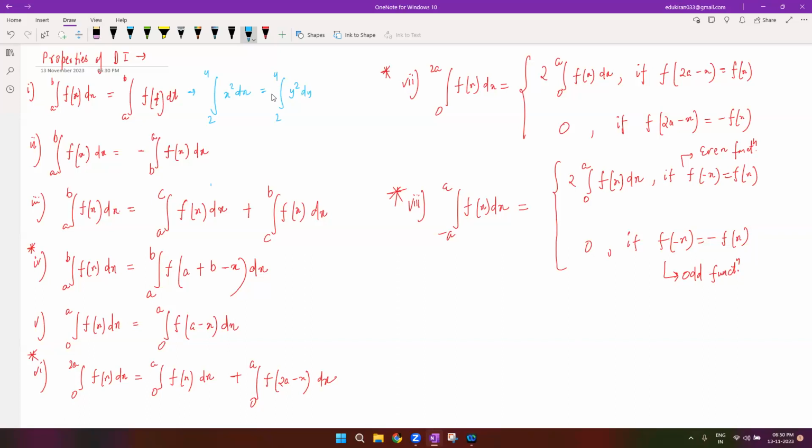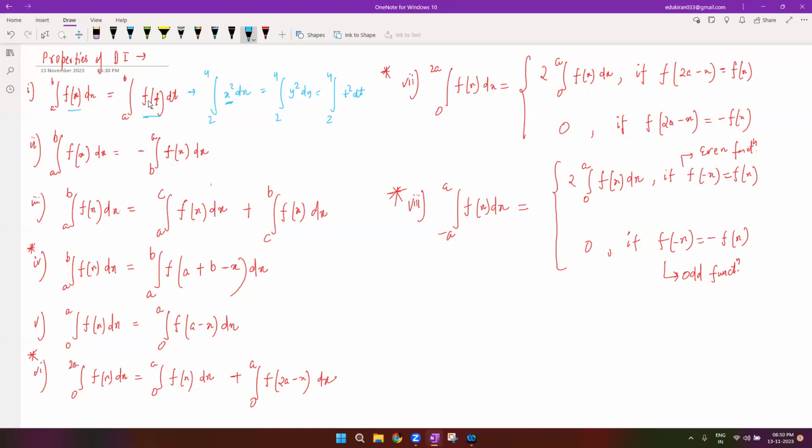Basically, if I don't change my function, the function was a square function, here also we are squaring, here also we are squaring. So either I integrate x square with respect to dx, or y square with respect to dy, or t square with respect to dt. All are the same as long as the limits remain the same. As long as whatever was function f(x) is the same function f(t), your f is the same.